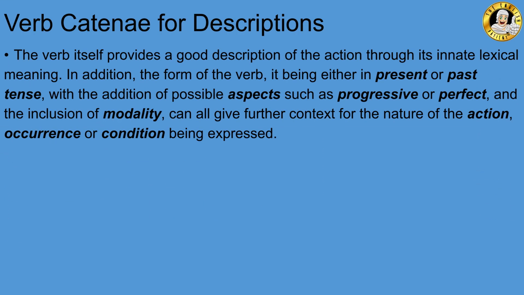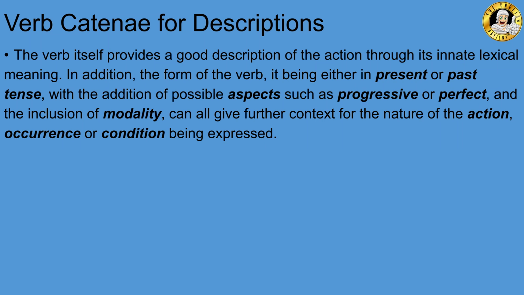Now, when you're trying to describe, one of the best ways to do it is to actually choose a good verb that indicates the message that you want to communicate. But also, in addition to the form of the verb, you want to decide very clearly whether you want to be using the present tense or the past tense, the two tenses that we have in English.